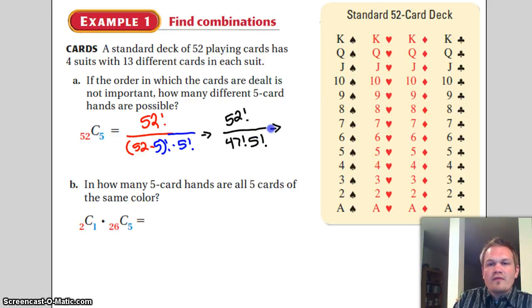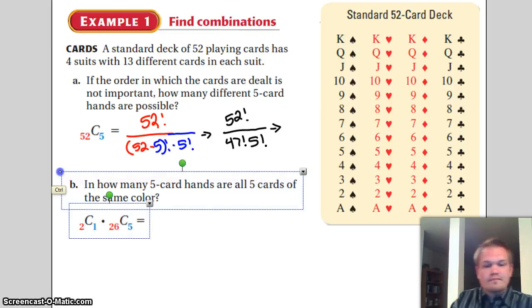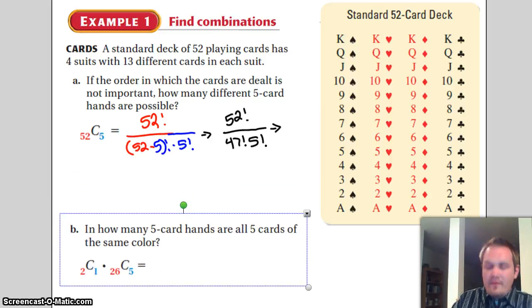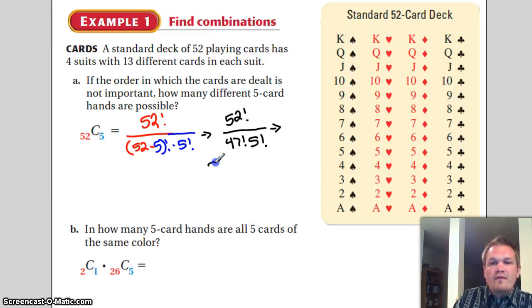As we talked about last time with permutations, you can cross off a lot of these factorials. What you would be left with is 52 times 51 times 50 times 49 times 48 in the numerator.